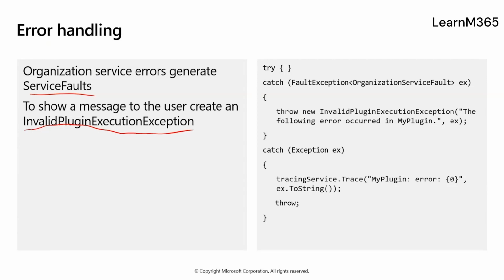You can see here the try block is there, the catch is based on FaultException, and we are throwing this error. Or we can have a generic exception catch block with the information. So these are the ways to have the error handling mechanism in your code.